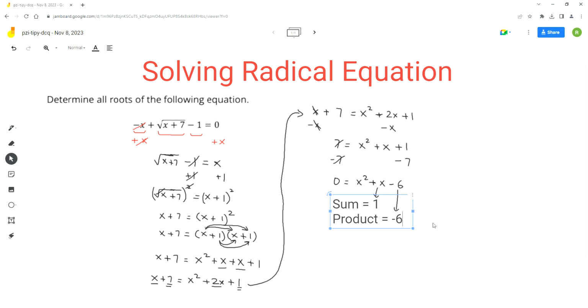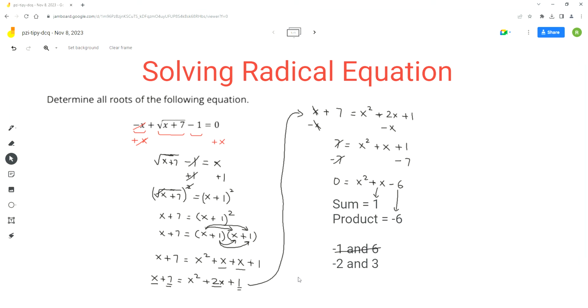The first pair of numbers that come to my mind that multiply to negative 6 is negative 1 and 6. But I cannot get a sum of 1 from negative 1 and 6, so this pair is out. Now I have to think of another pair. So the next pair that comes to my mind is negative 2 and 3.